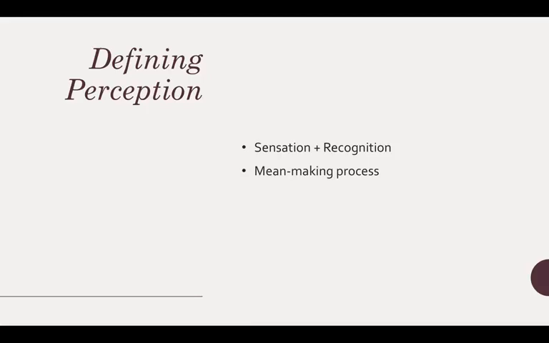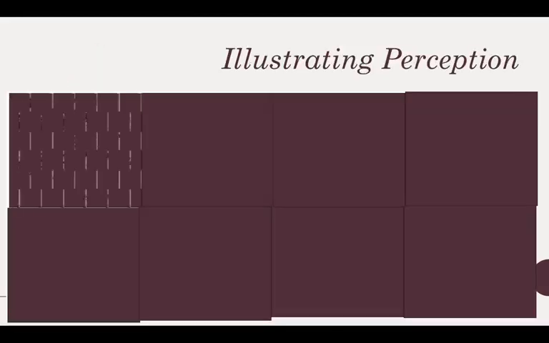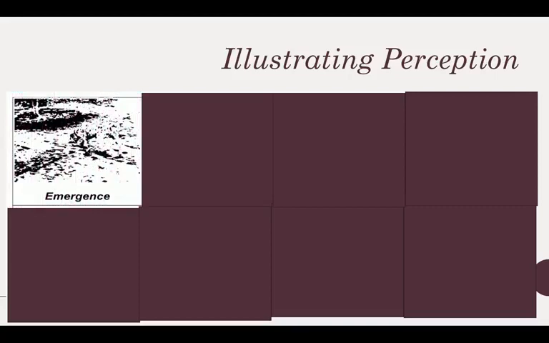And so what I'm going to do on the next few slides is I'm going to show you some stimuli, and I'm going to ask you to tell me what you see, what you perceive, the meaning making that you get from that stimulus. And then we'll come back together and we'll talk about what we can deduce about how human perception works. Okay. So I'm going to ask you what you see here.